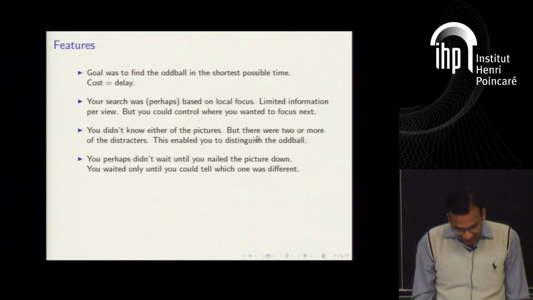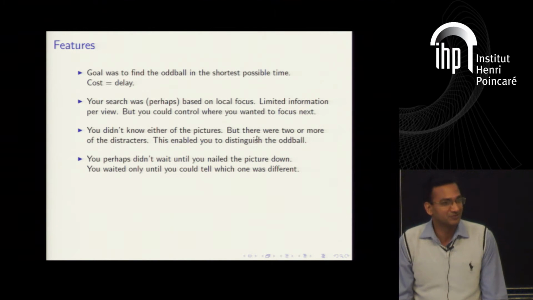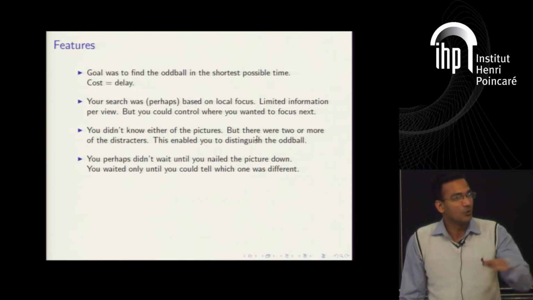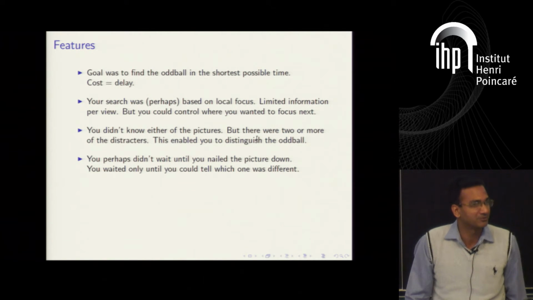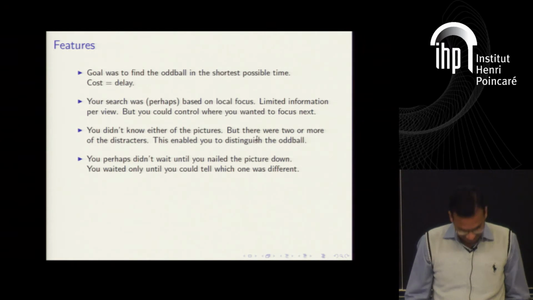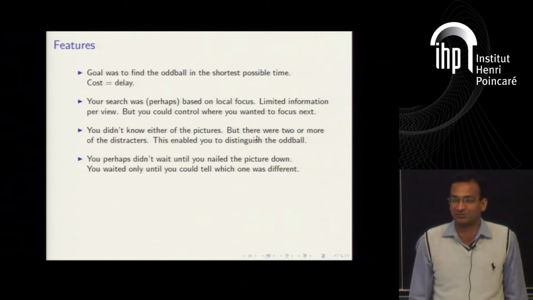In doing this, you perhaps didn't wait until you nailed the picture down. You didn't come to a description in your mind. You didn't articulate that it was the solid rectangle on top with the open or white rectangle on the bottom. You just waited until you knew that it was different.